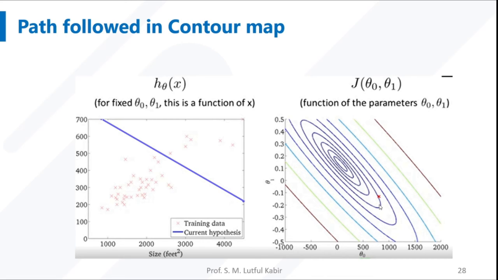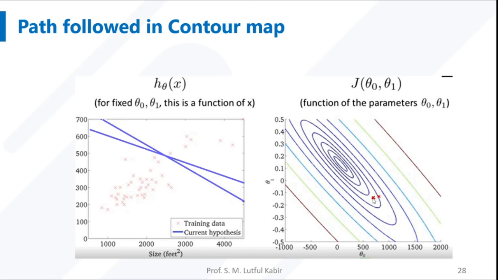If I make another straight line which is a bit different from the previous one, and it is closer to the points, that means it is better than the previous one, and you can see the movement in the contour line.